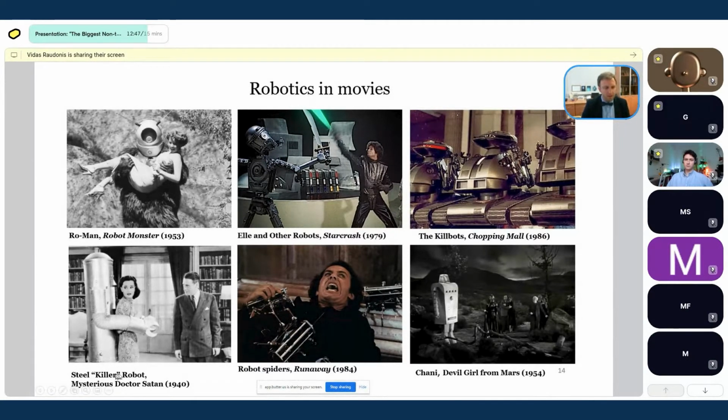The Steel Killer Robot is also about that. I don't know why robots want to take the woman. Usually it's a pretty nice looking woman, and it wants to conquer the whole world.